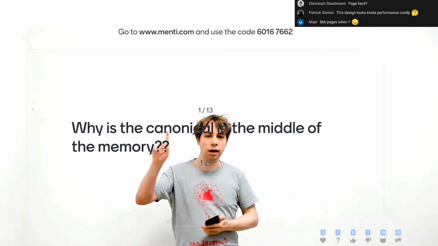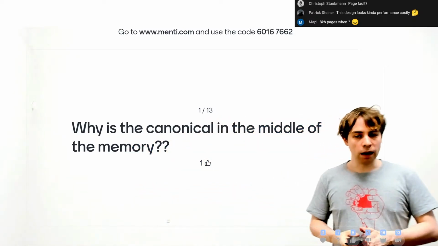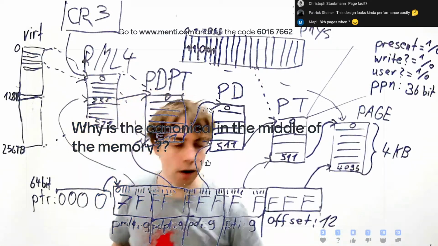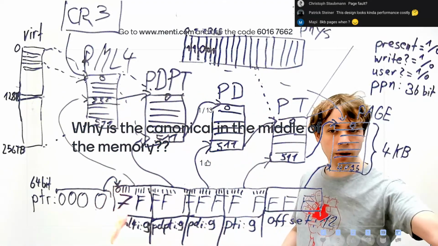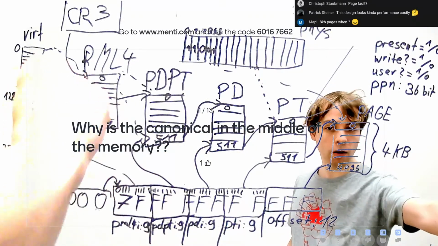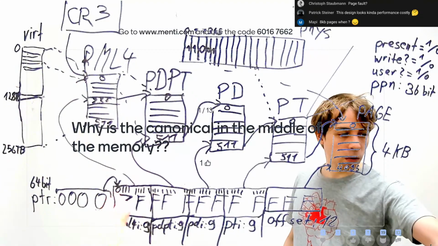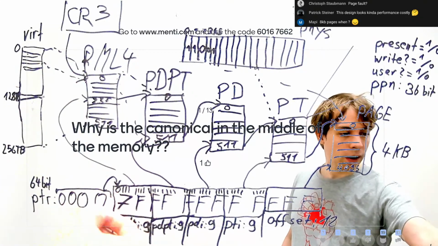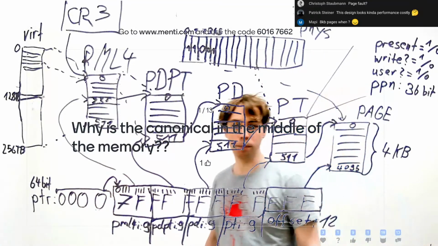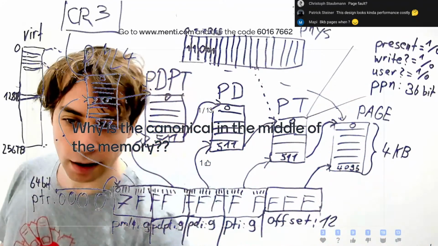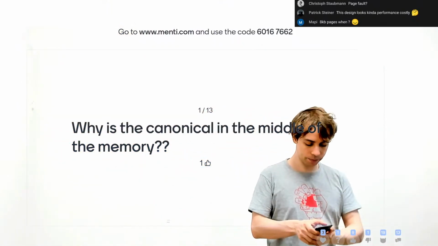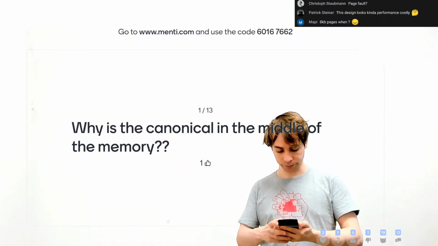Why is the canonical area in the middle of the memory? It's in the middle of the address space because otherwise you wouldn't be able to do this very cheap trick of just copying the bits, just doing a sign extension, basically. And this is a very nice way to be future compatible. So that's why you put it in the middle.